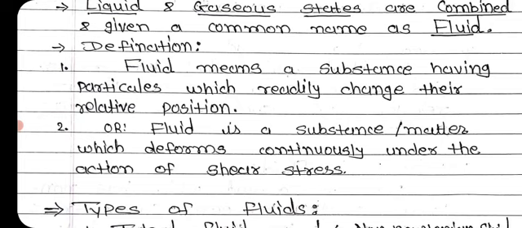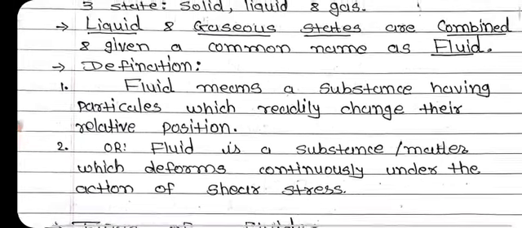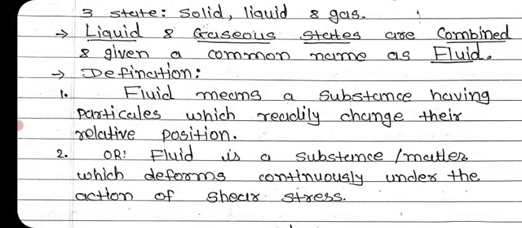As we know, in nature there are three types of matter: solid, liquid and gas. Then how will we define these three? In solid matter, the particles are closely spaced. The distance between the particles is almost negligible.